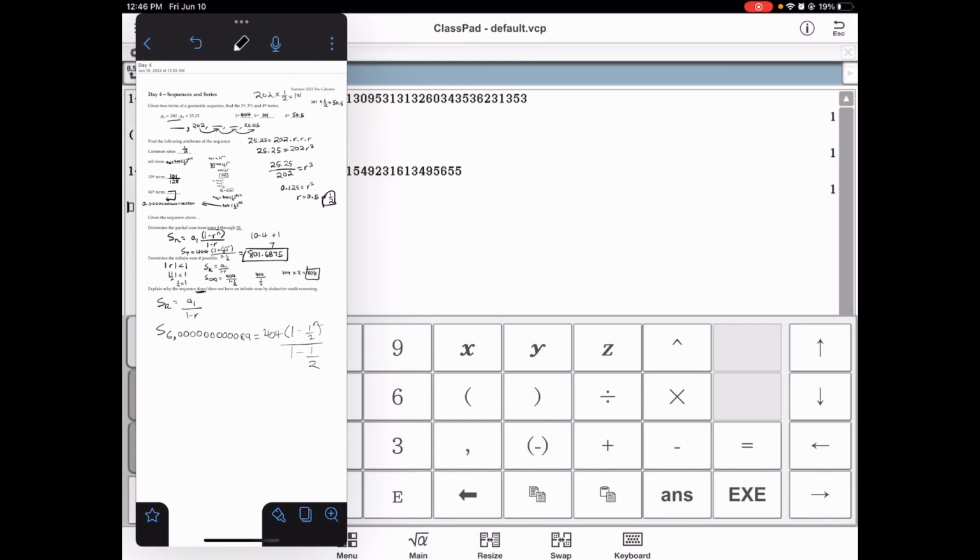And that gives us 1. You see how the answer came out to be 1?